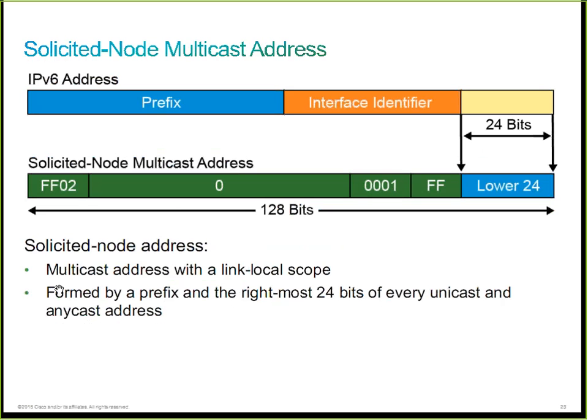Basically, this solicited node address is nothing but the multicast address with a link local scope. It is formed by using this kind of prefix, and then the rightmost 24 bits of the interface ID is what it utilizes.